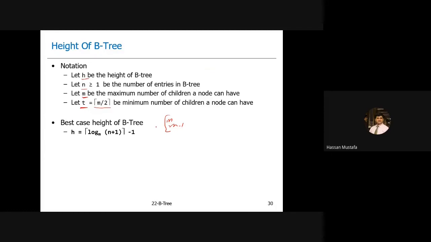That's the best case scenario. In that case, we have m branches at every node. So there's a simple formula: log base m of n plus 1 minus 1. That's the analogous formula of log base 2 of n plus 1 minus 1, the formula that we devised for the balanced binary tree. So for a balanced m-way tree, the formula just replaces this 2 with m. That was the best case.